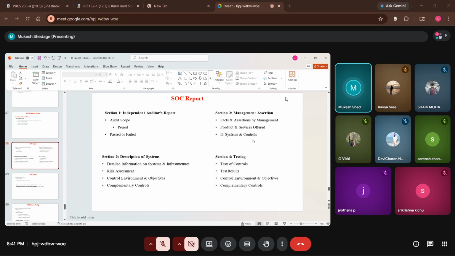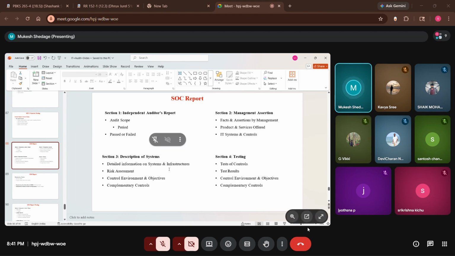Management assertion means whether they are accepting it or not, that is, whether your report is accepted by the management. They will say whether the auditor has done the correct work or not. That is the management assertion.